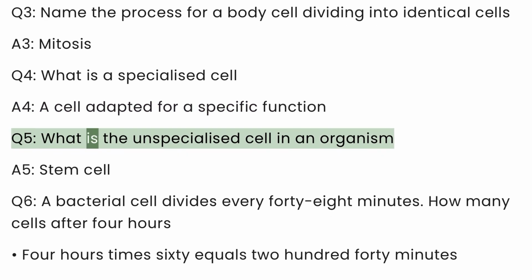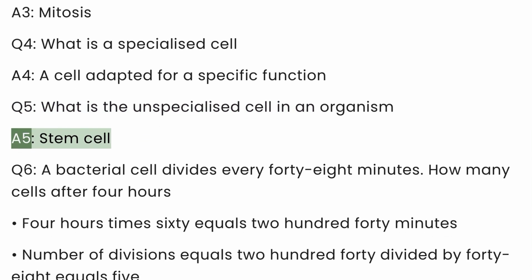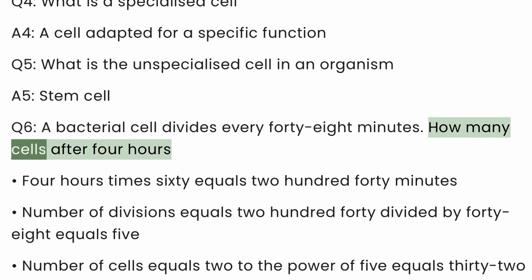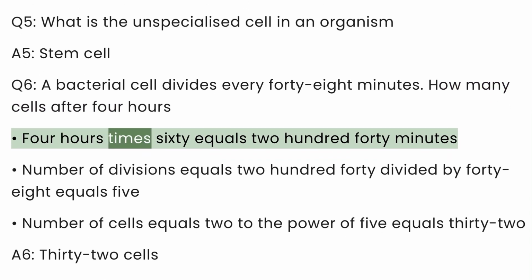Q5. What is the unspecialized cell in an organism? A5. Stem cell. Q6. A bacterial cell divides every 48 minutes. How many cells after 4 hours? 4 hours times 60 equals 240 minutes.